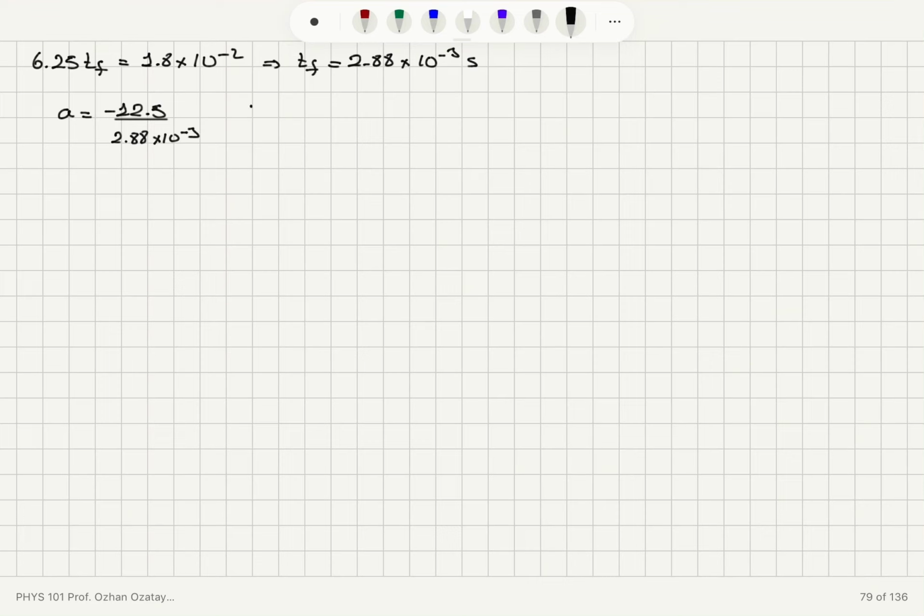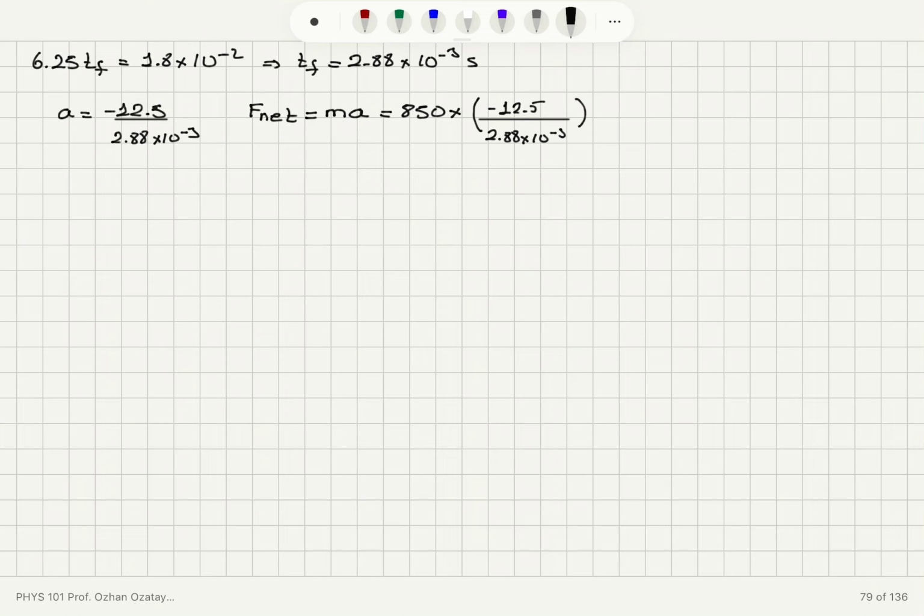And the net force that we have to apply to cause this deceleration is the mass of the car times the acceleration of the car. So we have 850 kilograms times the acceleration, minus 12.5 deceleration divided by 2.88 times 10 to the minus 3 seconds.